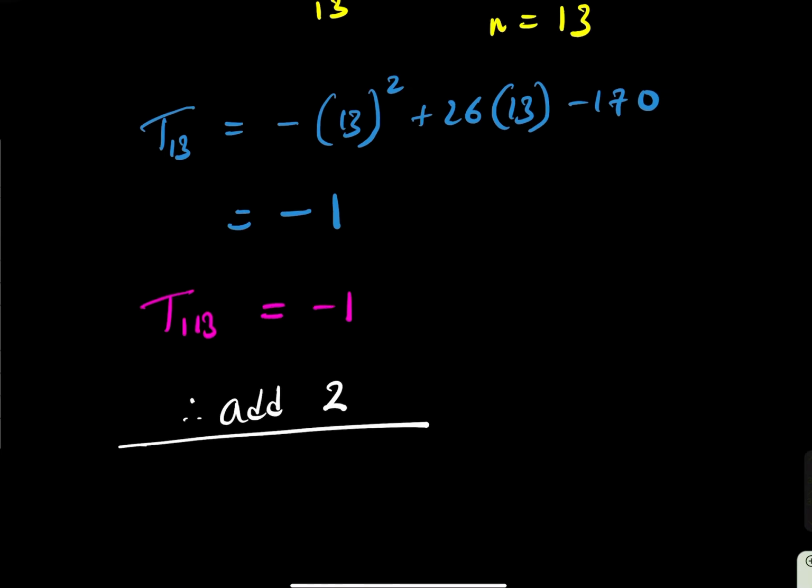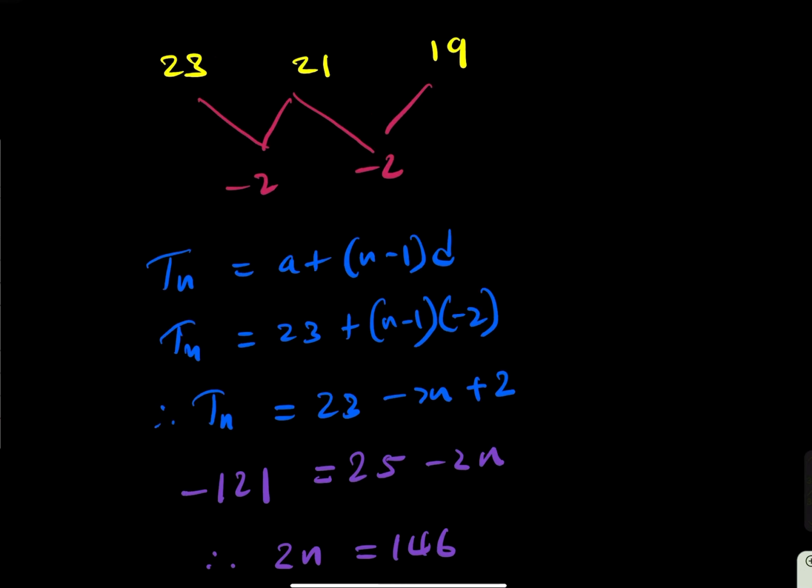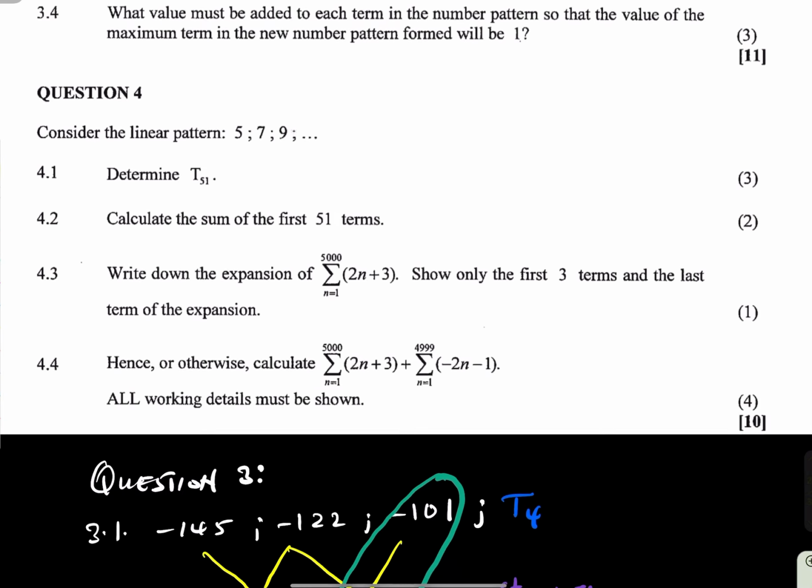So it's a linear pattern. Let's go down there and really solve our stuff. Question 4. And then 4.1, we are given the pattern 5, 7, 9, and it's continuing. That is linear.